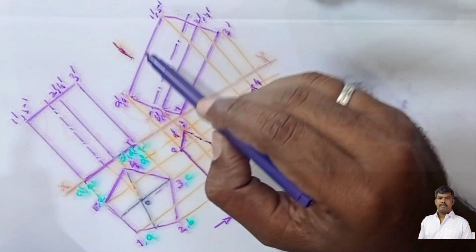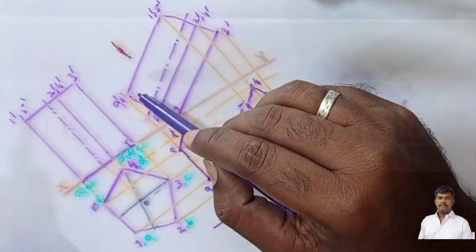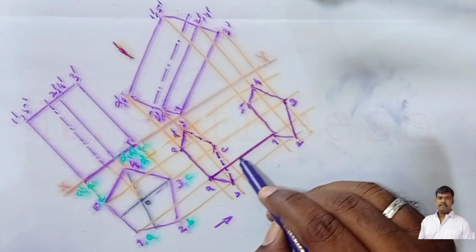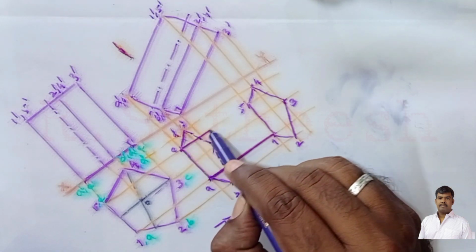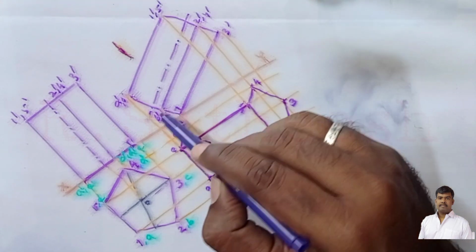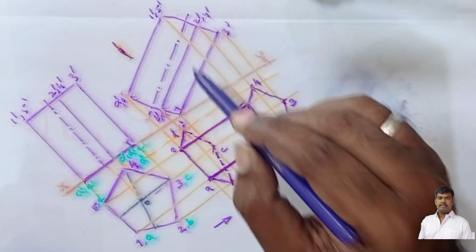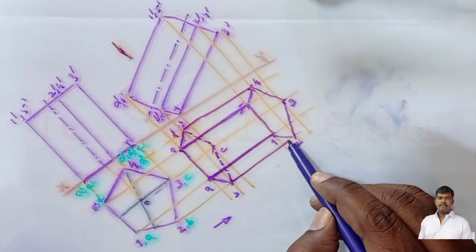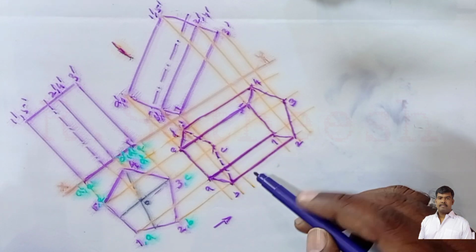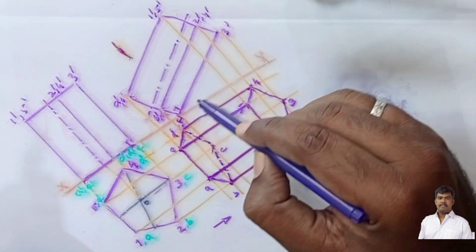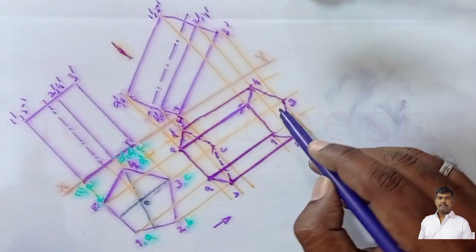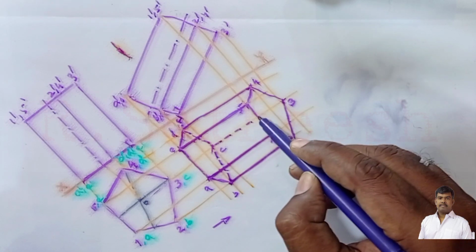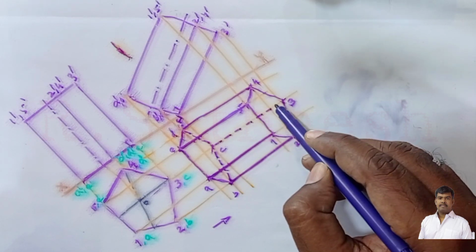Next, while seeing the top view, A1 and E5 are visible. Similarly B2 and D4 are visible. And the bottommost C dash to 3 dash, C to 3, is invisible, so it is a hidden line by H pencil.